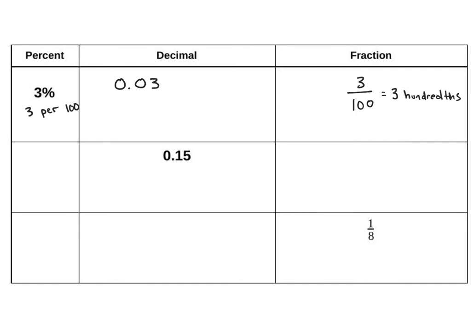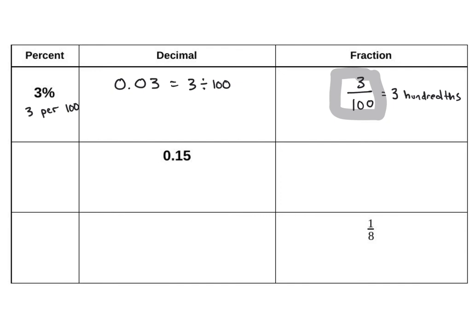Or I could also pop this fraction, 3 over 100, into my calculator and do the math. This is equal to 3 divided by 100. Remember, fractions are just division. So there's a couple ways you can look at that.